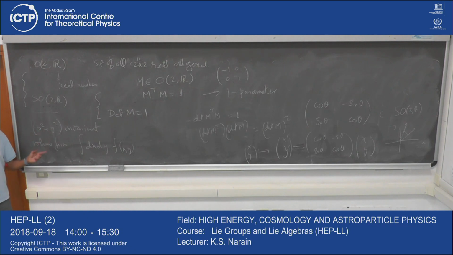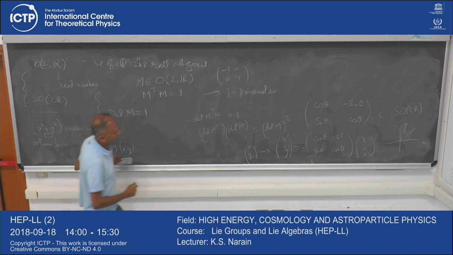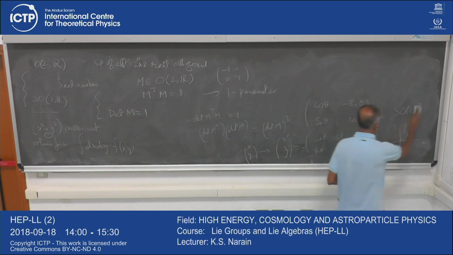And one can again ask the question, what is the group which leaves that length square invariant? But before I discuss the minus case, let me consider another group, seemingly another group, which is exactly the same as SO2R. So let's do that here now.